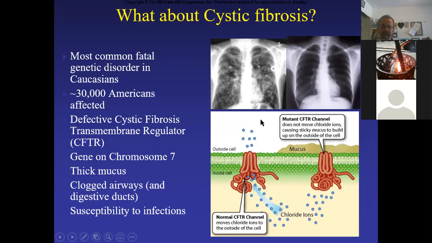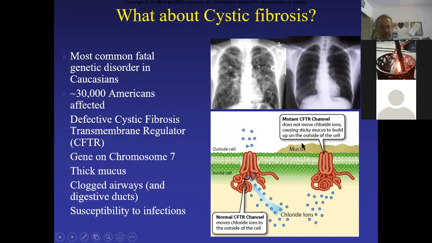Because chloride can't move out of the cell, if we think of osmosis, right? Normally what happens if ions or particles move in this direction, water is going to follow, right, by osmosis. Well, since chloride can't go out, water can't go out, we have these mucus cells, what are called goblet cells, that are found within the respiratory tract. That mucus gets very, very thick because no chloride and no water is going out.